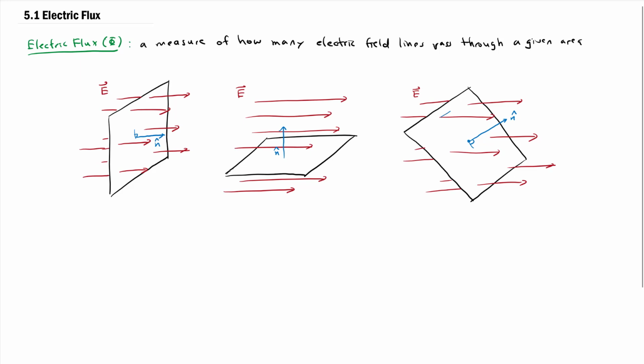And when we take a look more closely, that surface normal vector is going to be at an angle theta to the electric field. So in terms of these three cases, this one is when the electric field is parallel to the surface normal vector. This is when the electric field is perpendicular to the surface normal vector. And this is when the electric field is at an angle theta to the surface normal vector.